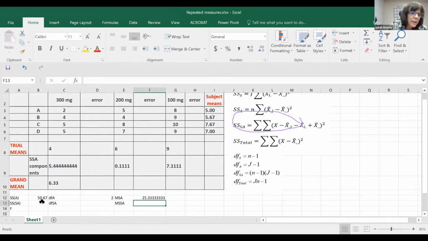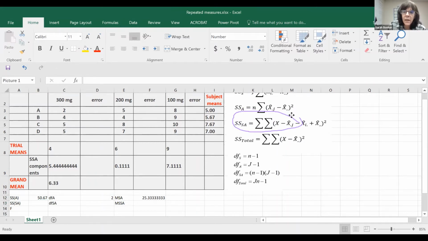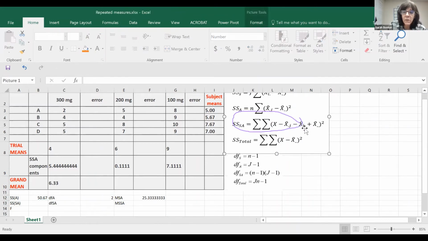Now we calculate our sums of squares SSA.